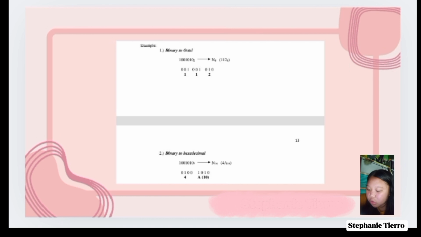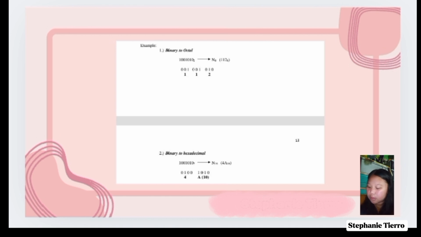At ang first group ay ang 1, 0, 1, 0. And next ay may tatlong groups lang. May tatlong bali, 3 lang yung nakalagay dito. Kulang siya ng isa kaya mag-add tayo ng 0.